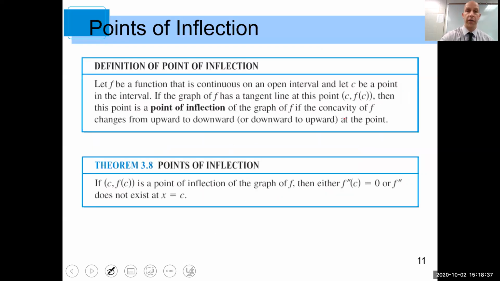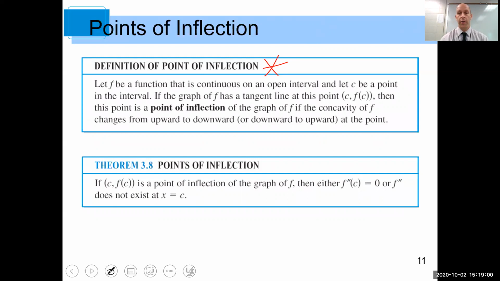And here's our definition for a point of inflection. Let f be a function that is continuous on an open interval and c be a point on that interval. If the graph has a tangent line, which is what we just mentioned, then this point is a point of inflection if the concavity changes from upwards to downwards or vice versa.